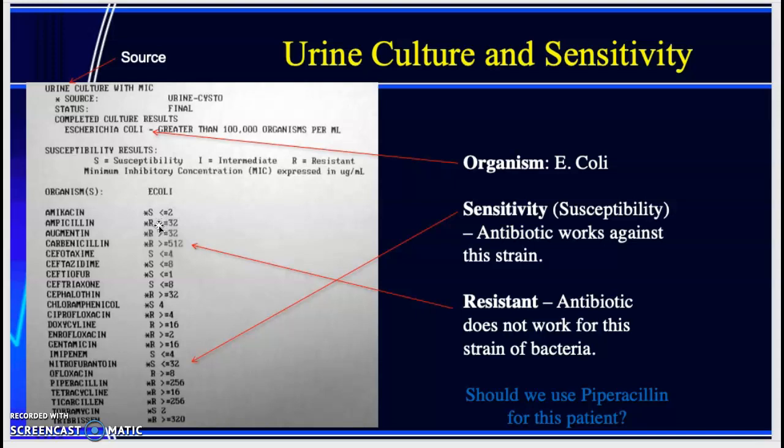And then R has to do with resistant, and that means that that bug is resistant to that antibiotic that is given to them. And so it's very common for your patients that the doctor prescribed a certain antibiotic before we got a culture and sensitivity back. So it's good practice to check to make sure that the antibiotic that the patient's receiving isn't one of those on here that is resistant.